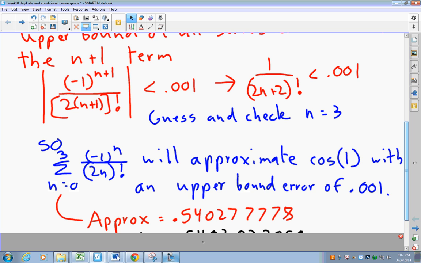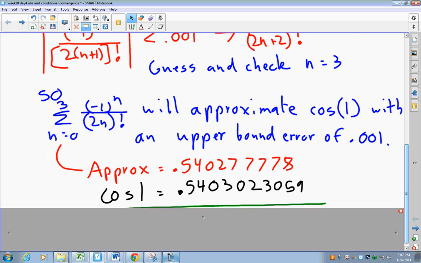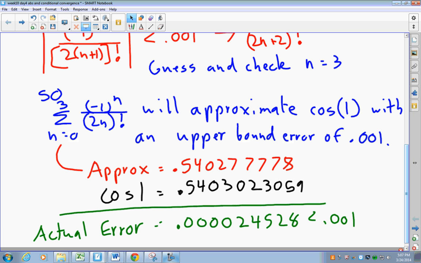I got 0.54 and so on. The real value of cosine of 1 from a calculator is this. And when you subtract, your actual error is less than 0.001. It's actually a lot less than 0.001, but remember, that was just the upper bound. Okay, so there's a warm-up.